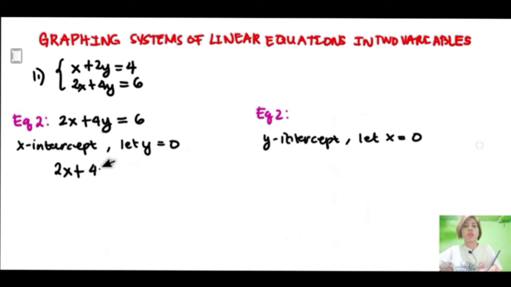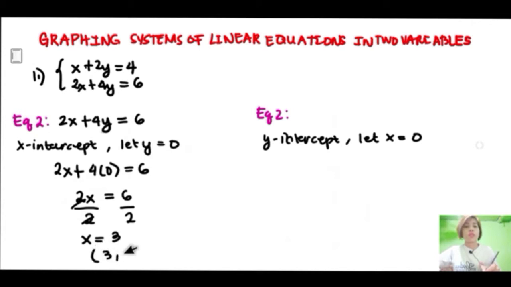So, magiging 4 times 0, 2x plus 4 times 0 is equal to 6. And then, 4 times 0 is 0, so hindi na po isusulat. And then, bring down natin 6. And then, divided by 2 both sides. So, x is equal to 3. So, the ordered pair will be, or the x-intercept is, 3, 0.